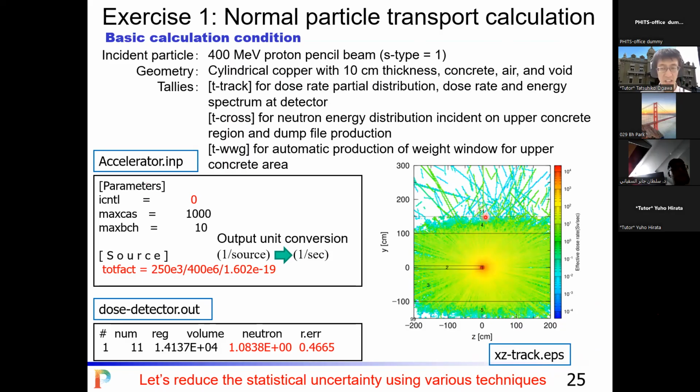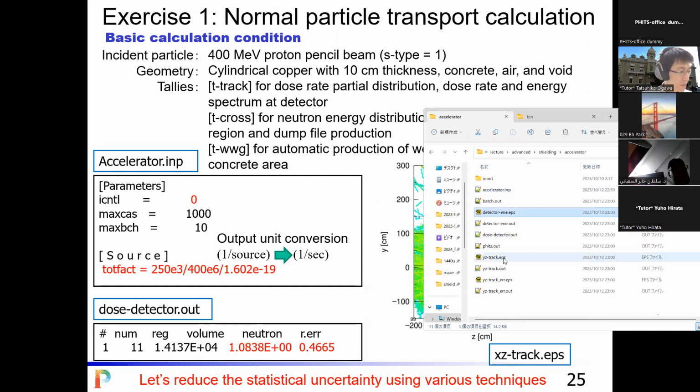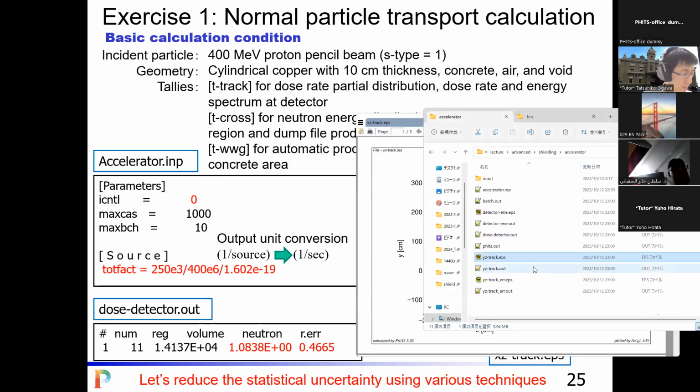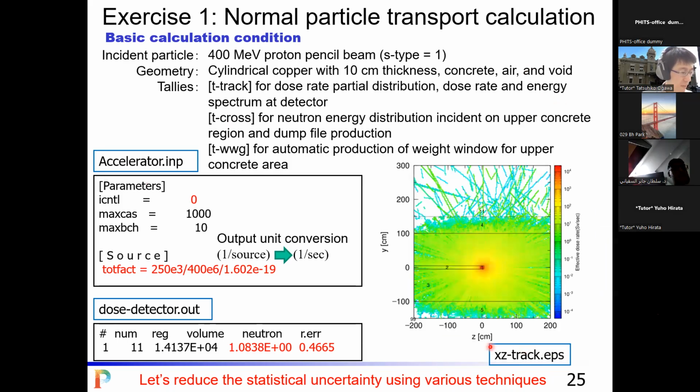So it is very likely that the statistical uncertainty is terribly bad at cell 11. In fact, on my computer, the result is like this. Oh, it is true, there's a mistype of the file name. It's yz-track.eps, not xz. Thank you.